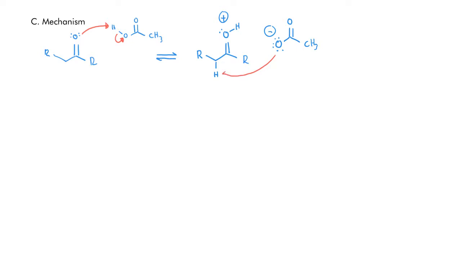The conjugate base of acetic acid, acetate, is able to deprotonate the alpha position of that carbonyl that's been activated. This is what generates the enol. The nucleophilic enol attacks the bromine molecule, thus making a covalent bond at the alpha position to a bromine atom.